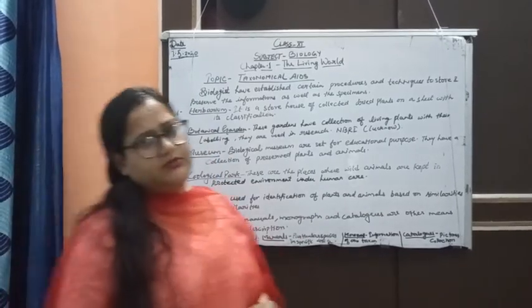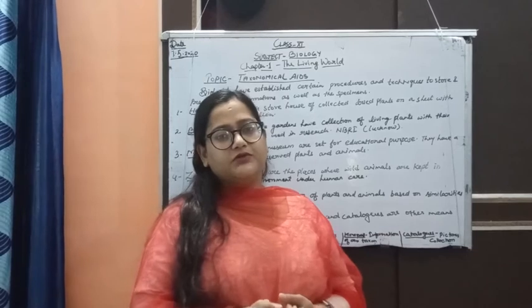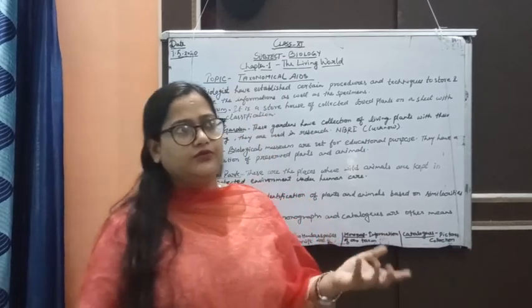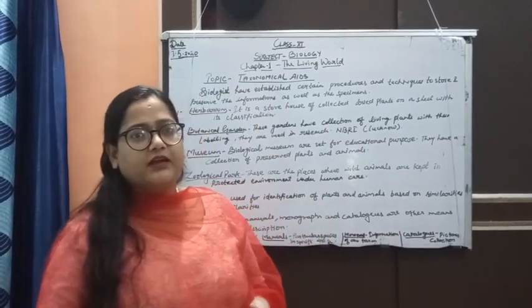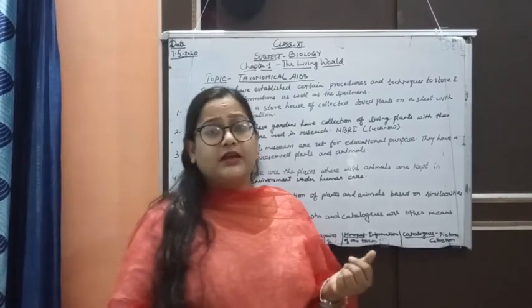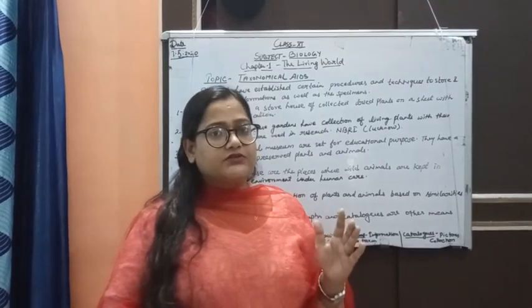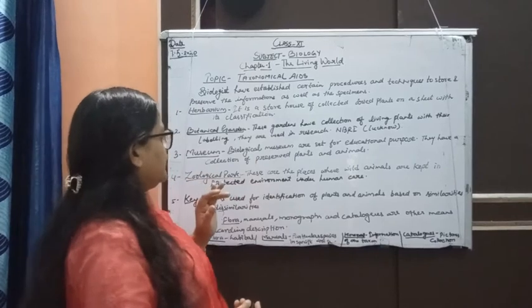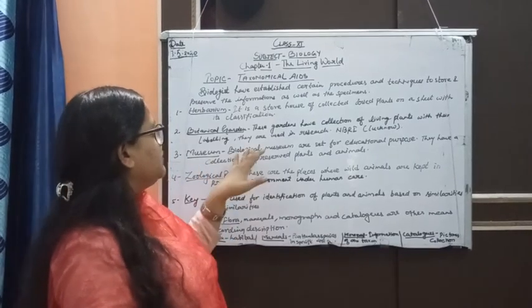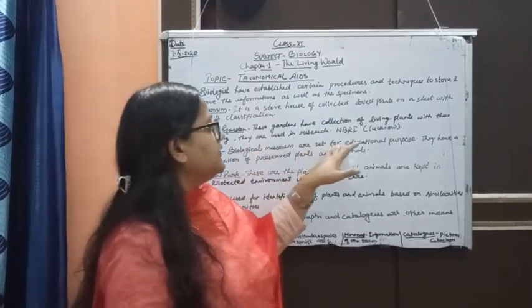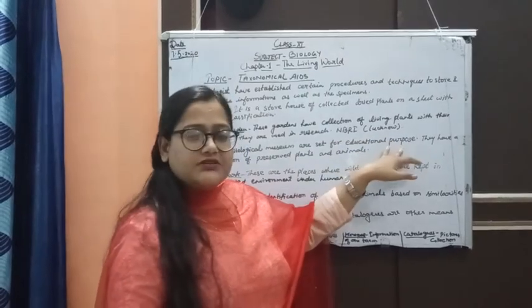Next is the museum. I hope you are all familiar with the museum. Most of you have maybe visited one. In Lucknow also a museum is there, but that is not a biological museum. Here we have to read about the biological museum. Biological museums are set up for educational purposes. What is the main aim?